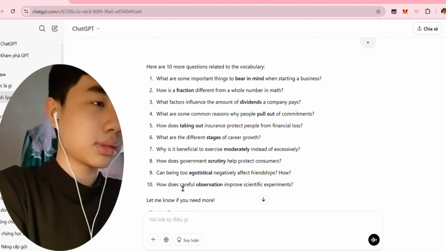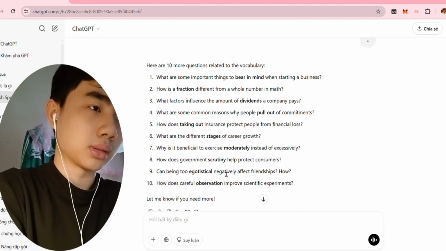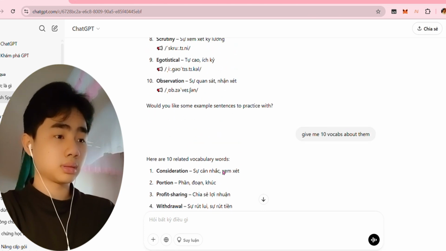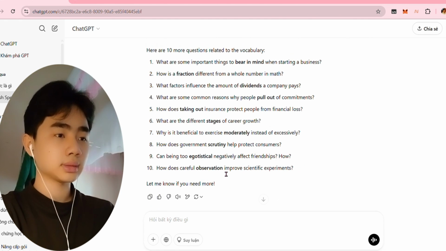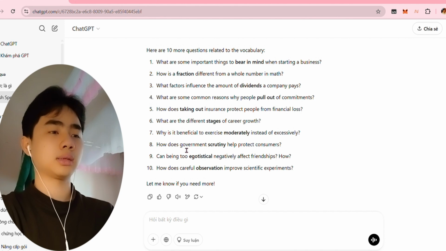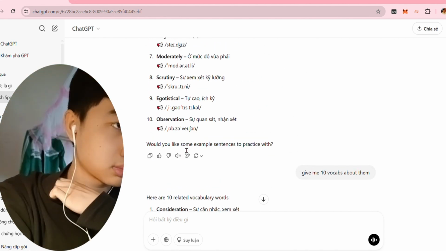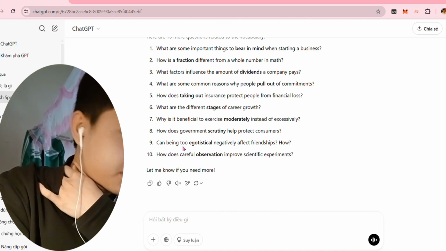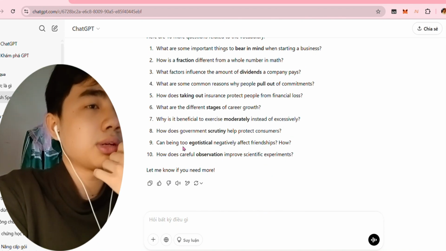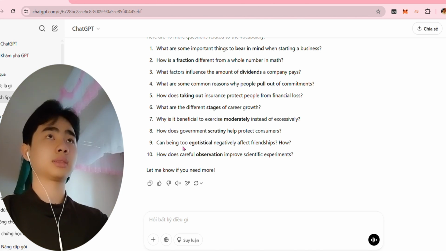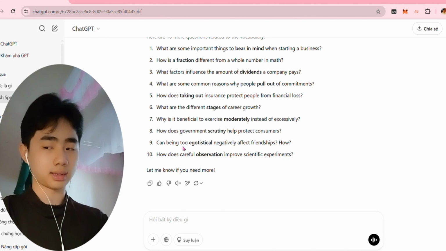So number 8 is, how does government scrutiny help protect consumers? Government scrutiny will protect consumers because they make sure that the goods don't have anything bad in them.